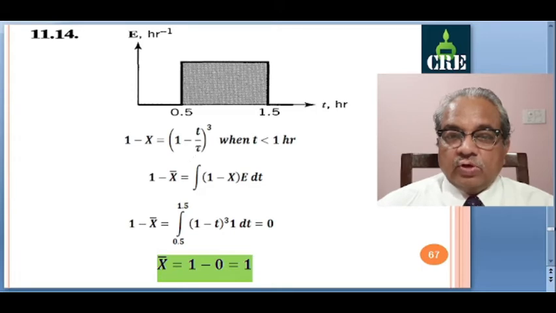This tau is 1, so 1 minus t whole cube. This is again 1 because 1.5 minus 0.5 is 1. This area should be 1, so this value must be 1 hour inverse, so that we have substituted.